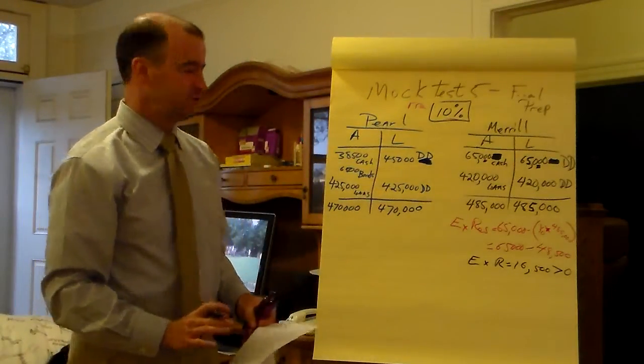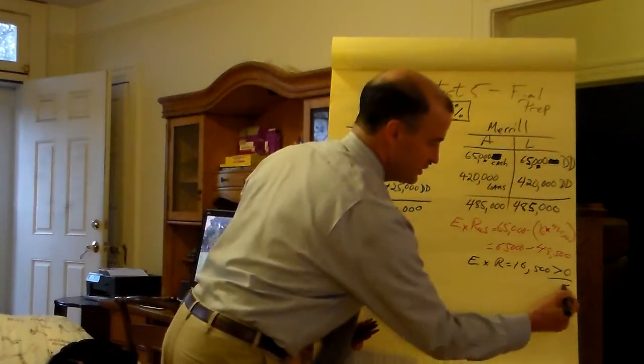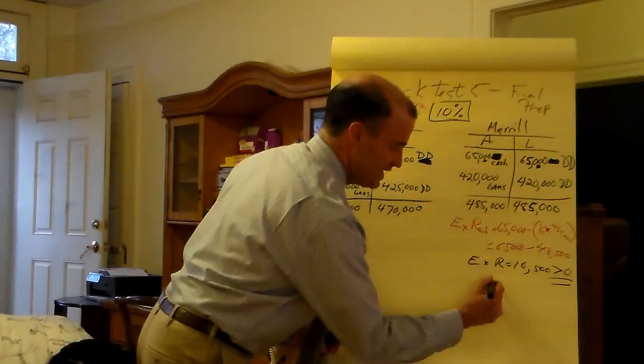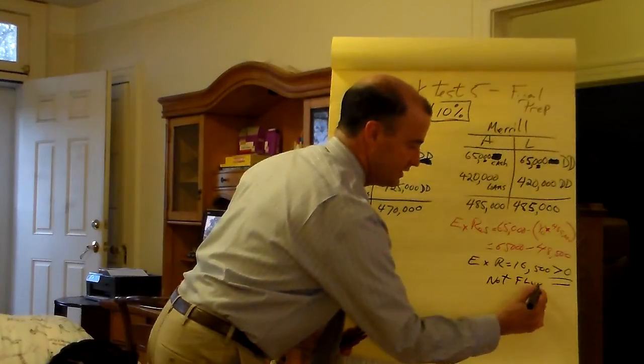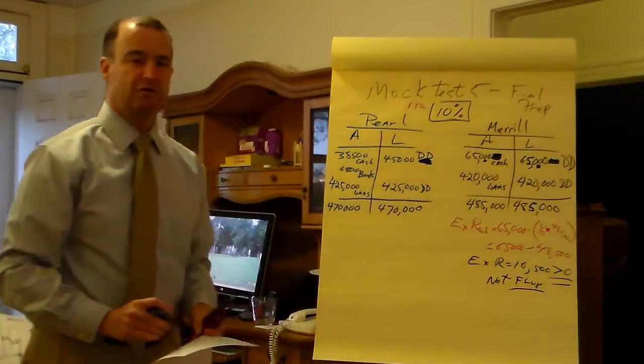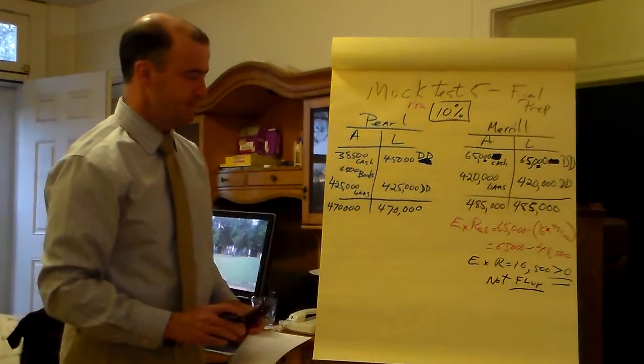The follow-up question is always something like, well, what is the condition of her bank then? If she has positive excess reserves, we say that she's not fully loaned up. Not fully loaned up, FLUP for short. Okay?